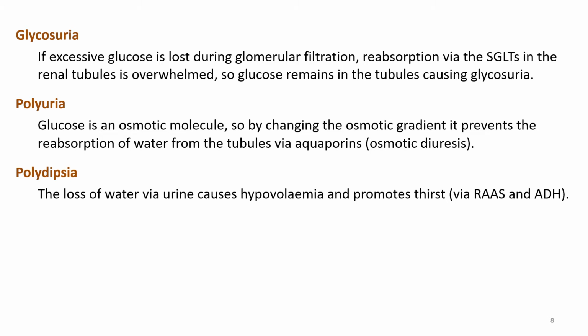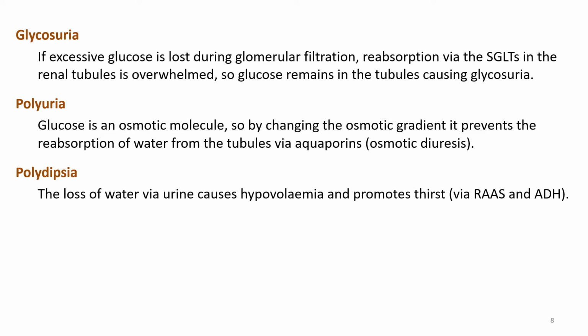Polydipsia. Of course, if we're losing a lot of water via the urine, it's going to stimulate hypovolemia, and we know hypovolemia stimulates RAS. We've also got a high osmolarity in the blood because of the glucose there, so our osmoreceptor is going to shrink.